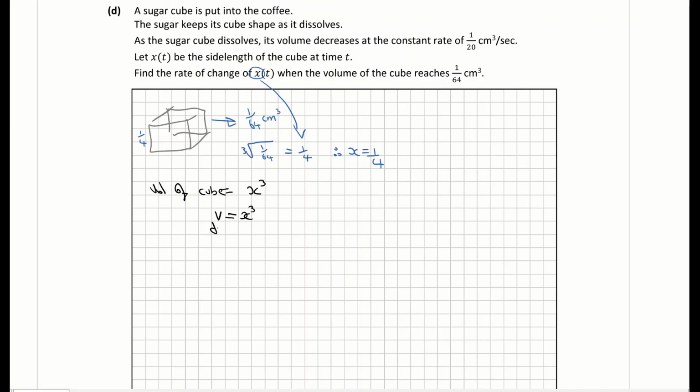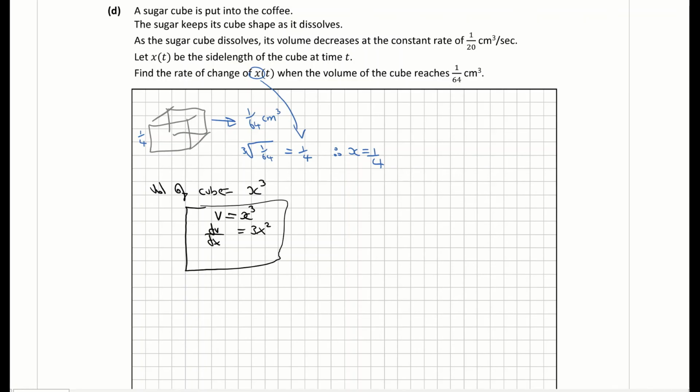To differentiate the volume, dV dx is equal to, when I differentiate that, 3x squared. So we're going to need that, I think. So let's just keep that here because it's going to come in handy.